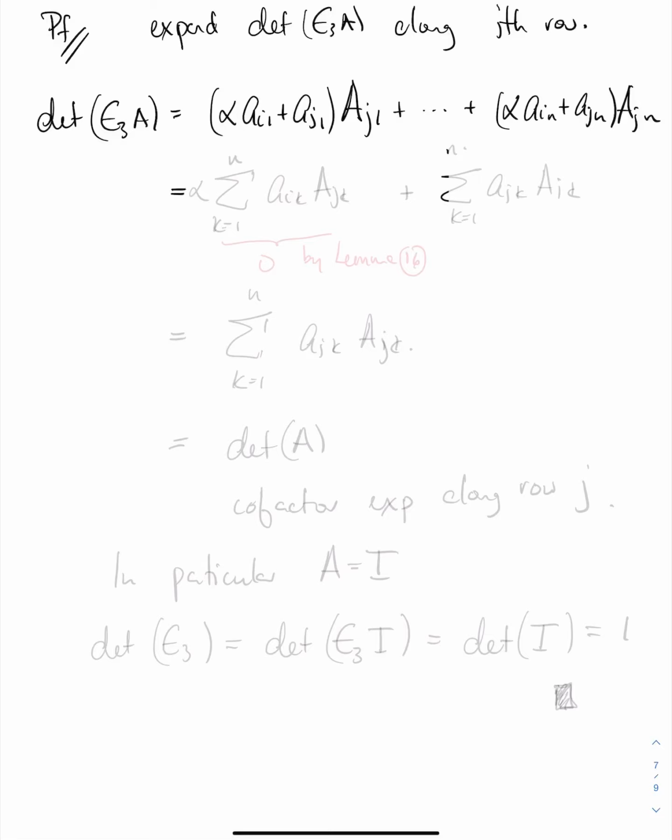So we're going to gather all the terms that have alpha together: alpha times the sum of a_ik, A_jk, k equals 1 to n, and we're going to gather all the terms without an alpha: the sum of a_jk, A_jk, k equals 1 to n.